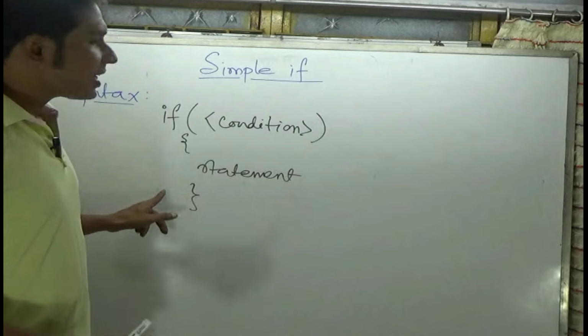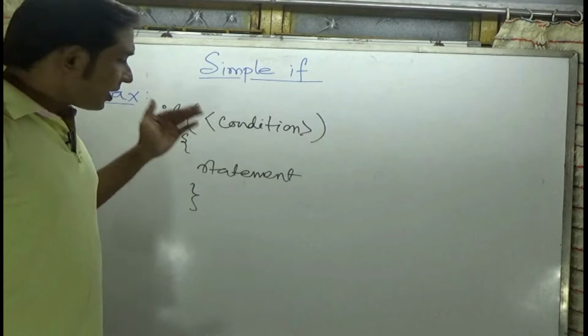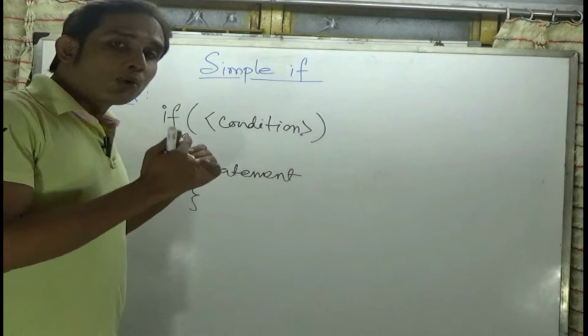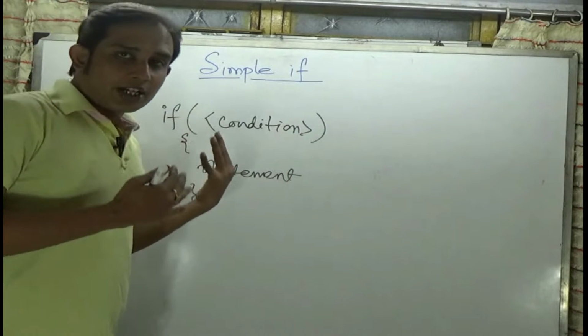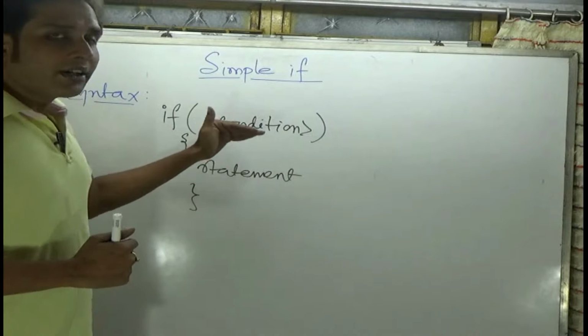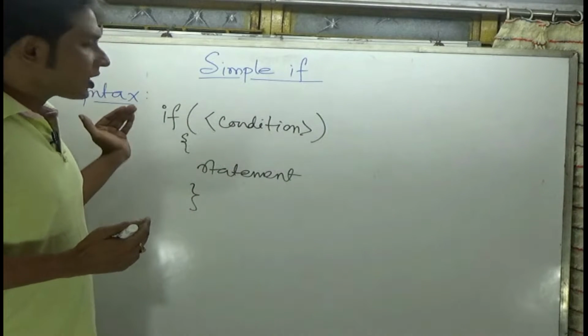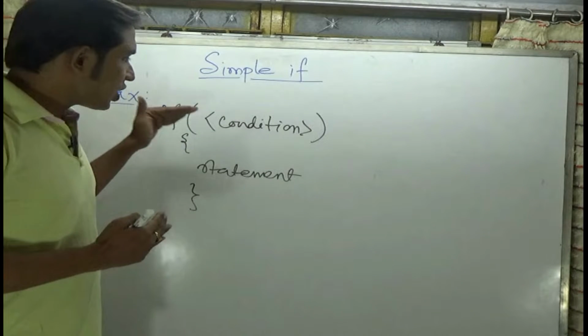So this is the syntax of the simple if, and syntax means the way of writing any kind of thing in programming language, or the structure of writing any kind of statement. So whenever you write any statement using the syntax, you cannot edit the syntax. You have to follow the syntax.